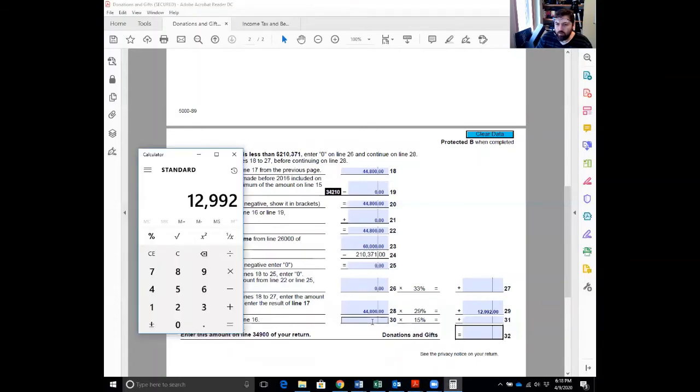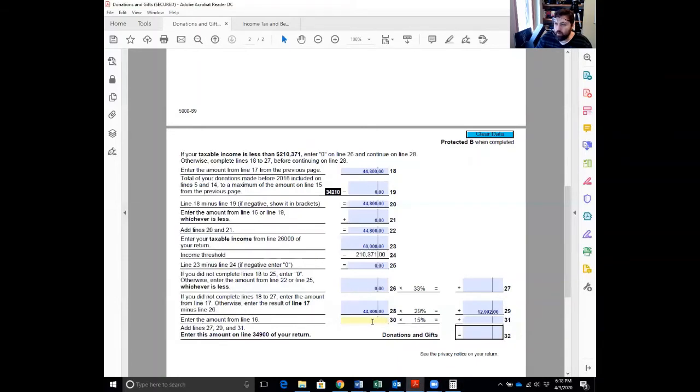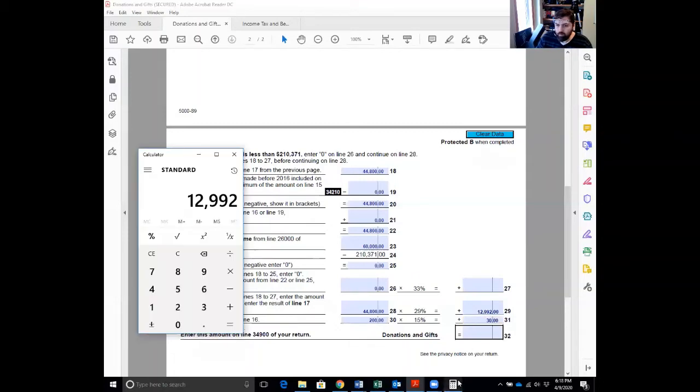Okay, and enter the amount from line 16, which is 200. So 200 times 15% is 30. If you don't believe me, then we can look at that.